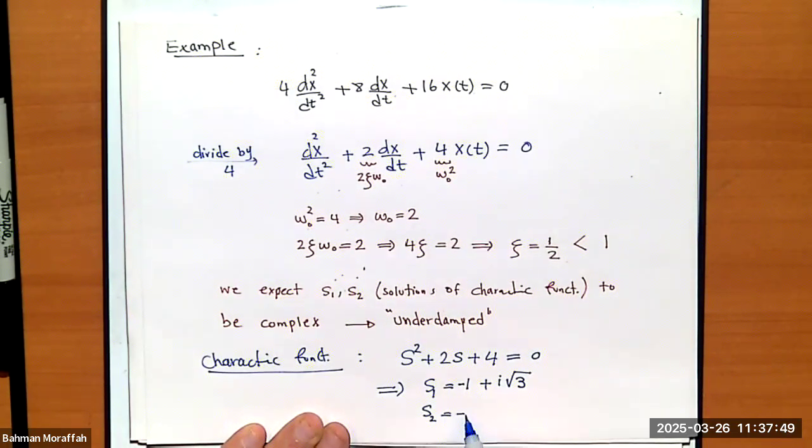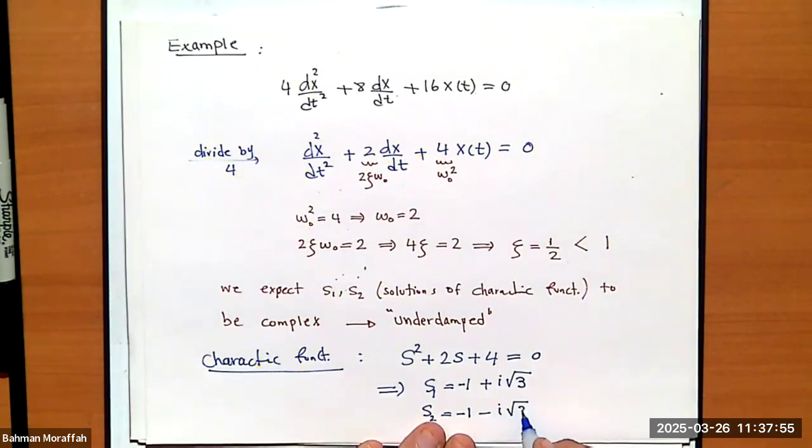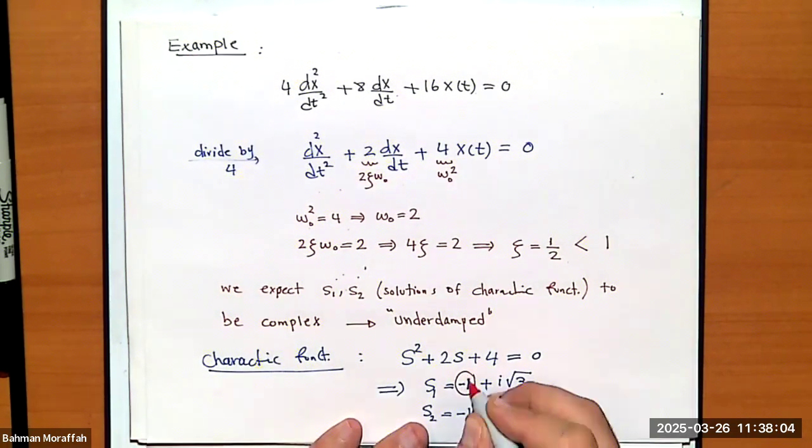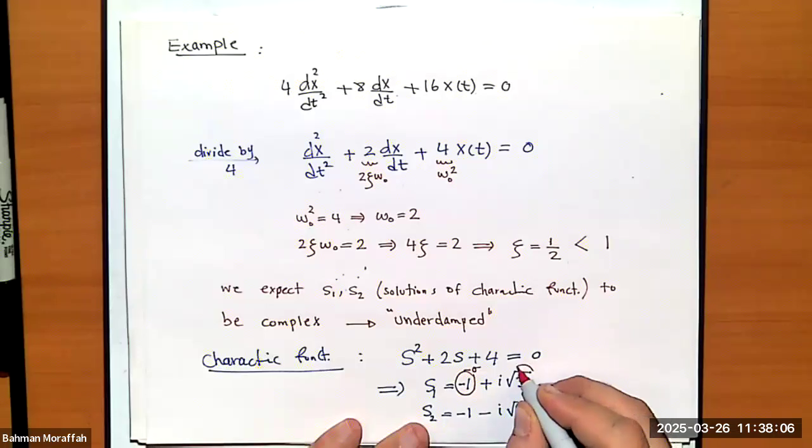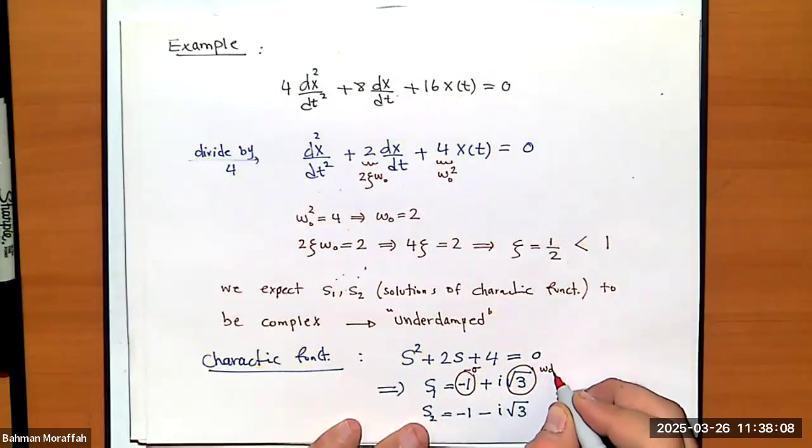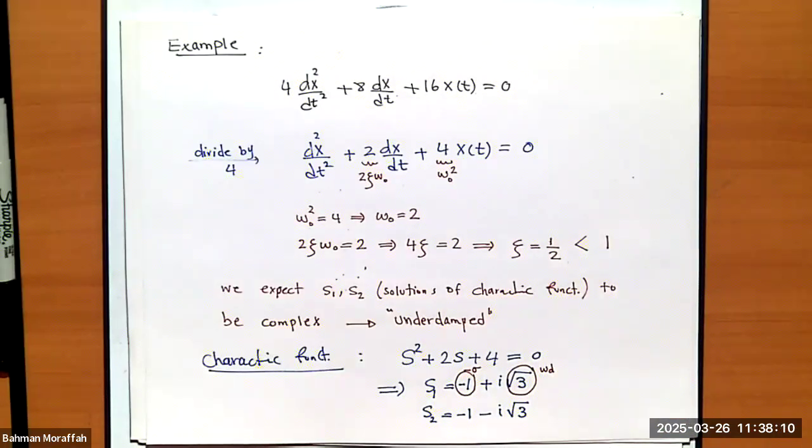I know S2 must be the conjugate of S1, which is minus 1 minus i square root of 3. Again, remember this is my negative sigma, and this is my omega d.